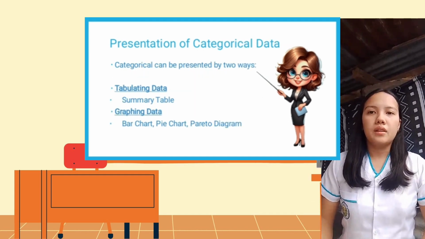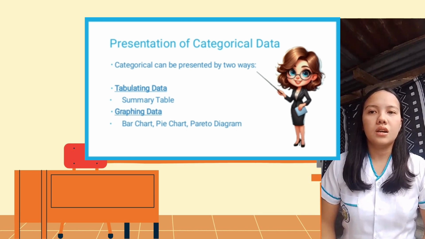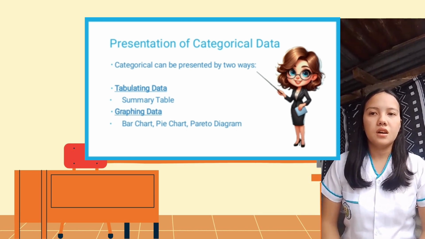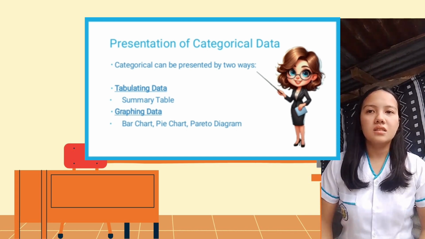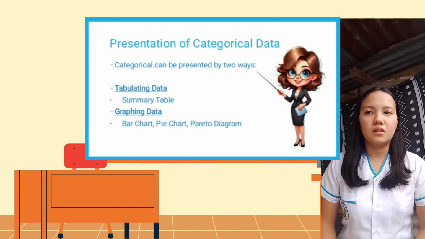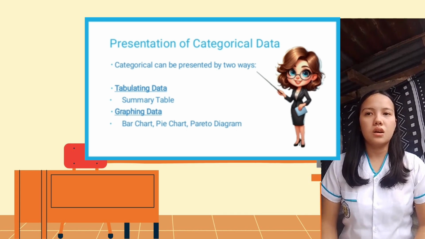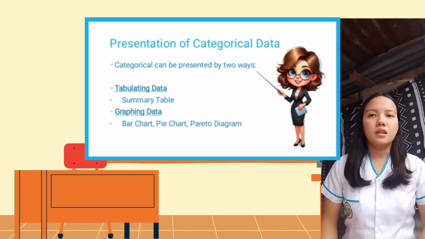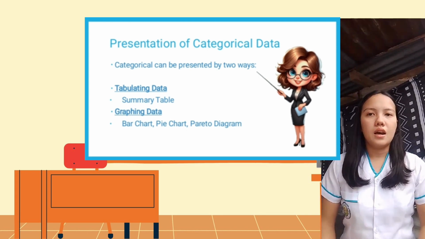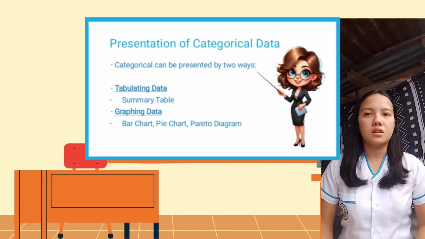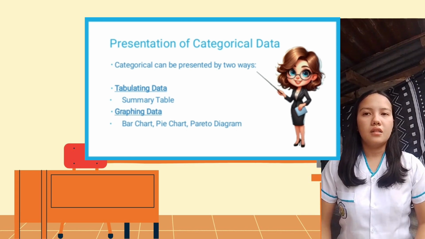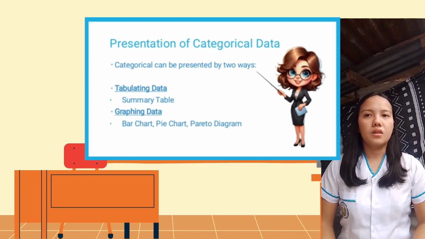There are two main ways to present categorical data. First, tabulating data, the summary table. This involves organizing the data into a table which is a grid with rows and columns. The table has headings that identify the categories and each row represents a different category.